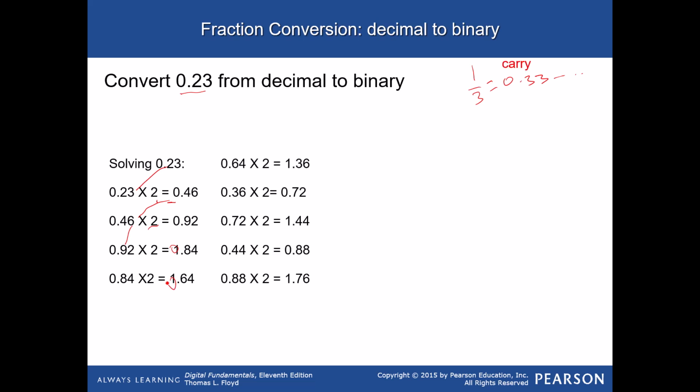We keep repeating this, but we notice that the numbers keep repeating, and at some point we just settle with some value. Say we are interested in the first 5 bits. Then we keep only this one, this one, this one, this one, and this one, and ignore the rest because it keeps repeating.